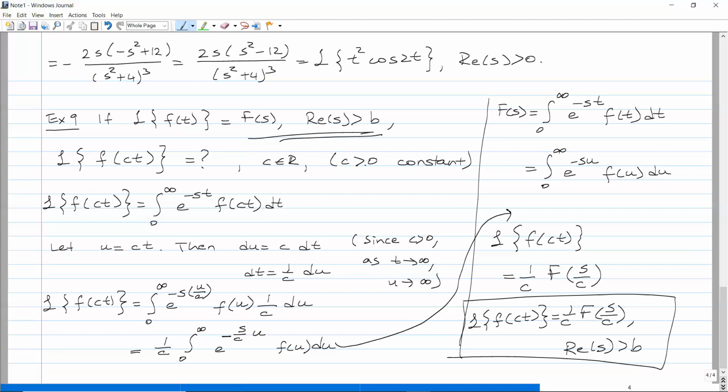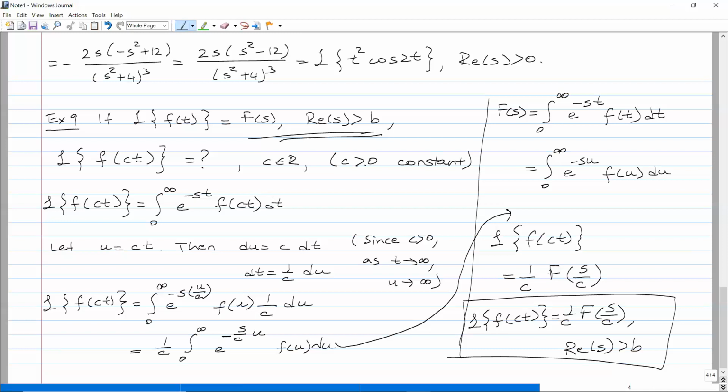Of course, we can look at more examples, but I guess we should start by using this transform on solving differential equations. And in order to do that, first we need to figure out how the Laplace transform is affected if we take the derivative of the function f.